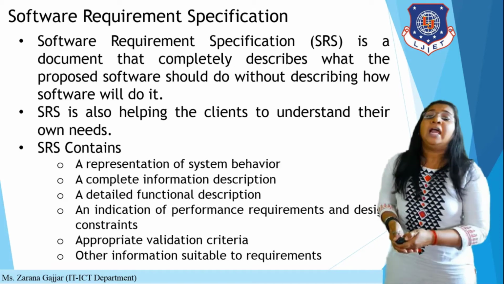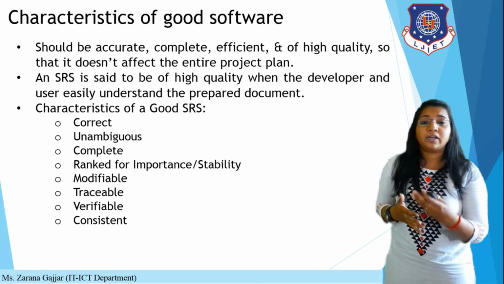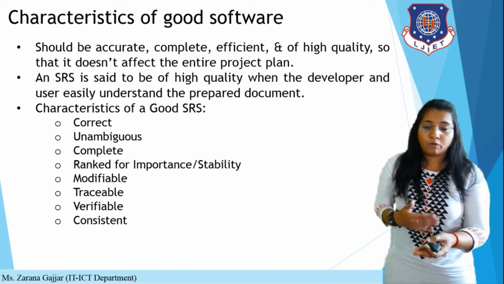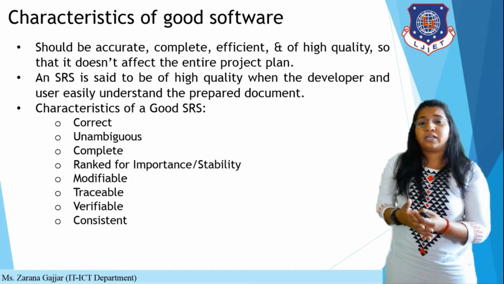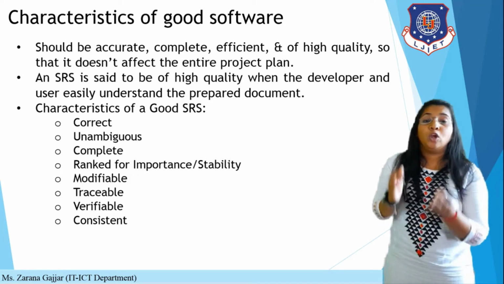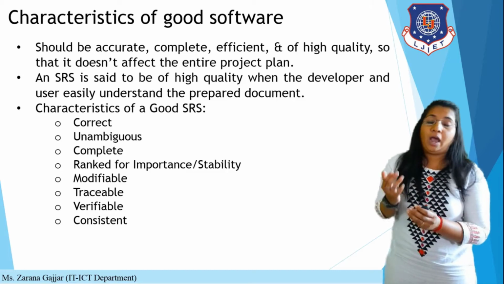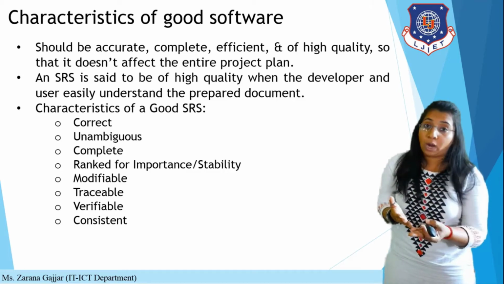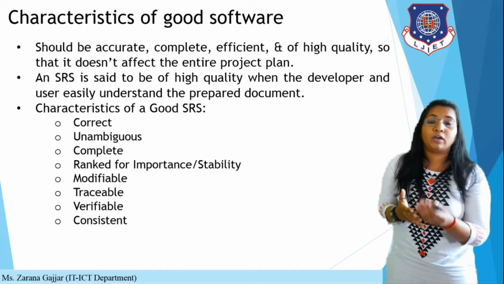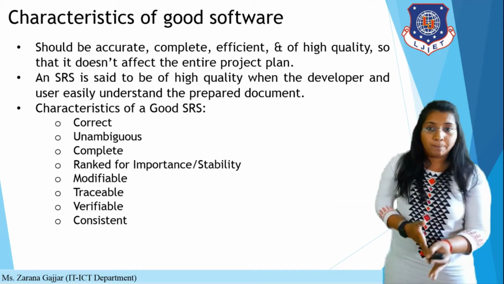Now let's discuss the characteristics of good software. What are the main characteristics for developing any good software? Software should be accurate, complete, efficient and of high quality so that it does not affect the entire project plan.